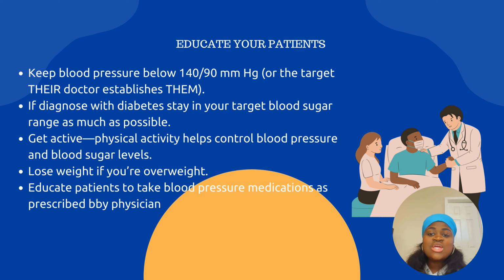If diagnosed with diabetes, stay in your target blood sugar range as much as possible. Get active. Physical activity helps control blood pressure and blood sugar levels. Lose weight if you're overweight. Educate patients to take blood pressure medication as prescribed by their physician.